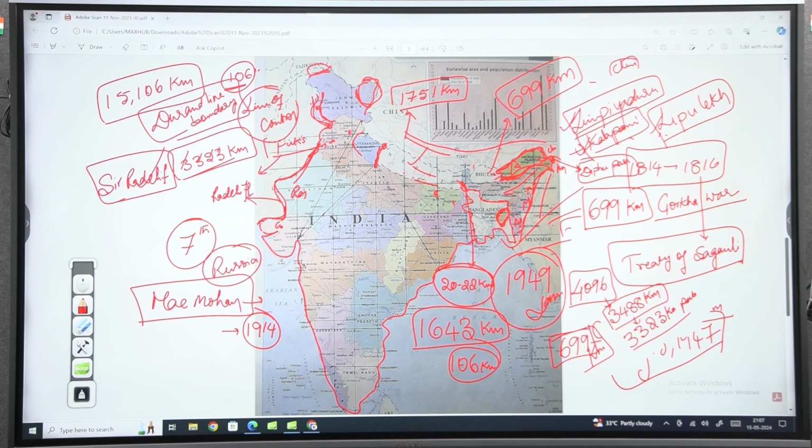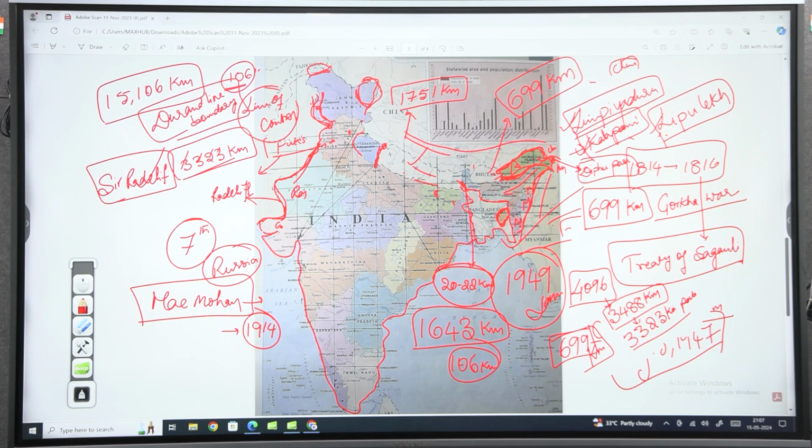Now, the dispute between Bhutan and China. There is a small thing. China is trying to occupy one area, claiming that it belongs to them, so that Bhutan agrees to relinquish it.